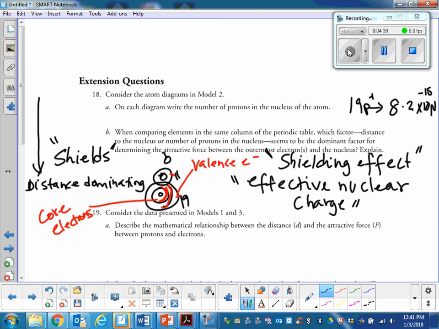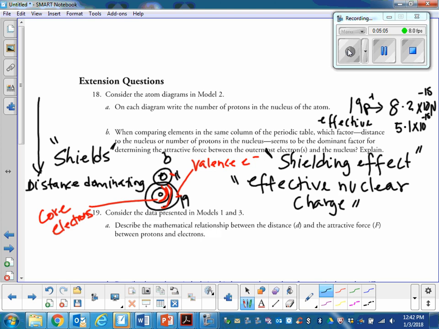But because of the presence of the shield, will the valence electron experience that much force? No, it's going to feel much less force. So the effective nuclear charge could be a number much lesser than this, something like 5.1 times 10 to the negative 18. Does that make sense? It becomes much lesser.